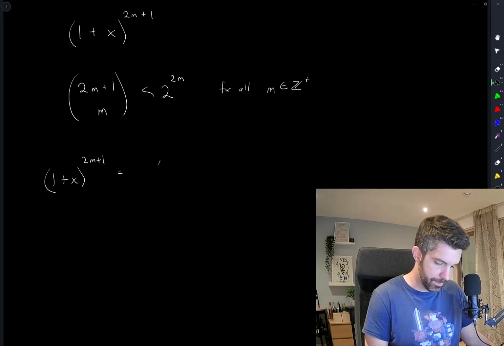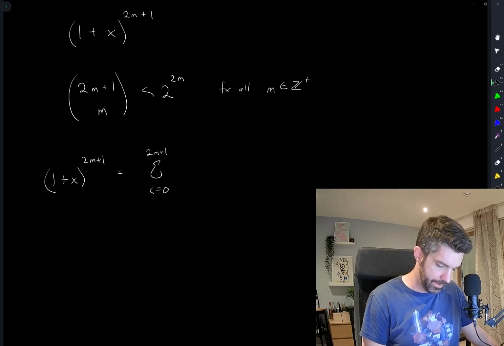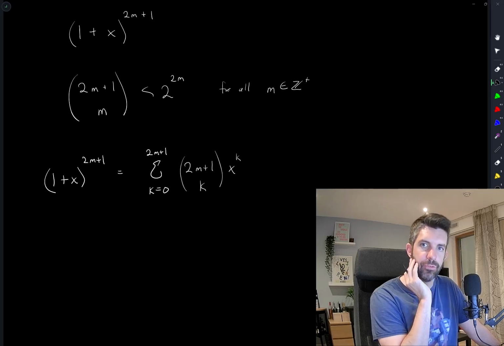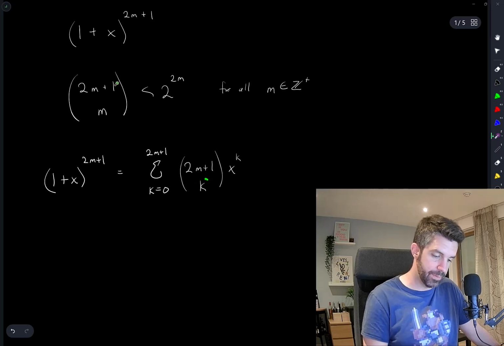So this is equal to a sum, k goes from 0 to 2m+1, well, let's do the combinatorial part first, it'll be (2m+1 choose k) times x^k. So clearly there's something about the term corresponding to k equals m, perhaps.